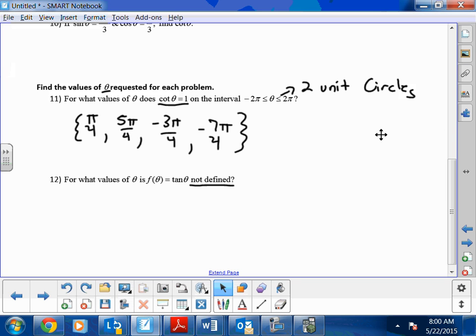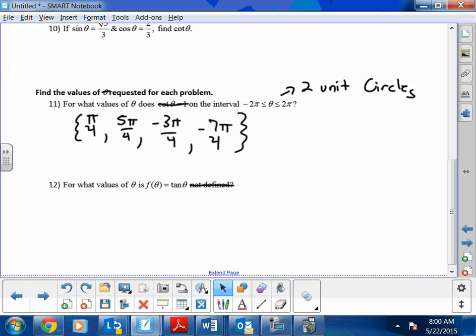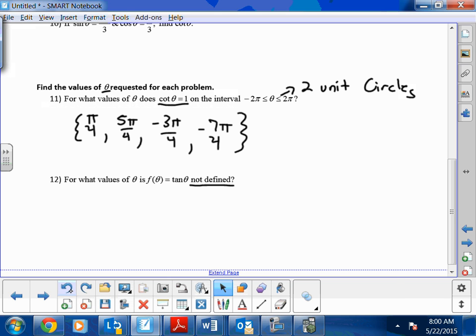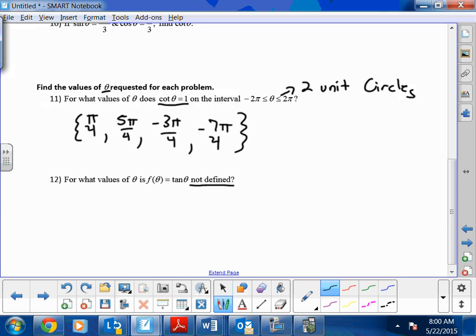Remember, one of the things that's important for us to keep in mind is that not defined in math means that we have some number divided by 0. That happens with tangent because there are certain values where they're trying to ask you to divide by 0.